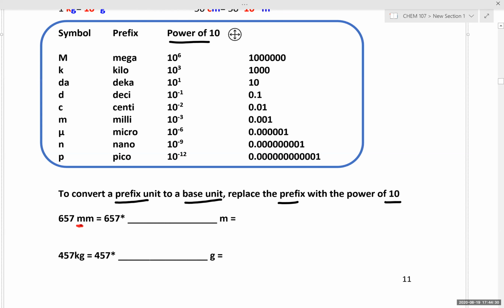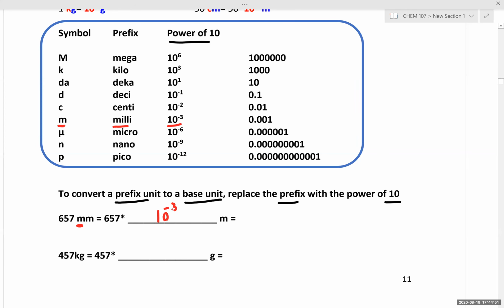657 millimeters. Does everyone see this M prefix? This M prefix corresponds to milli. And what power of 10 does the milli prefix correspond to? What power of 10 do we see in our table? -3? Yep, exactly right.